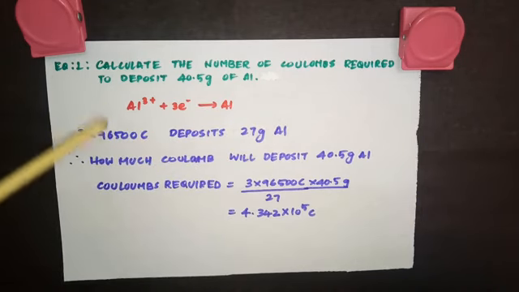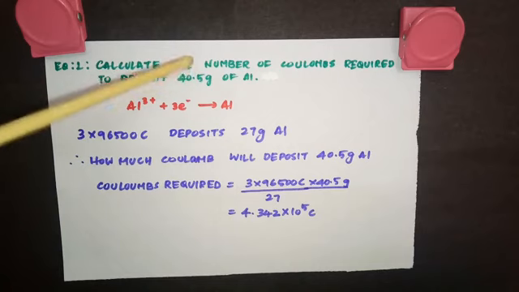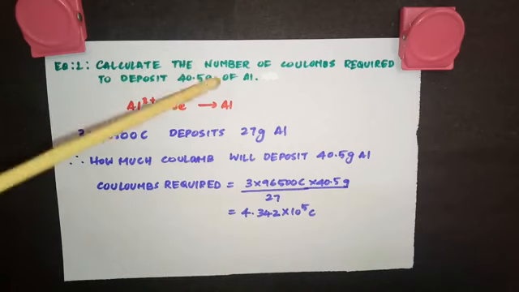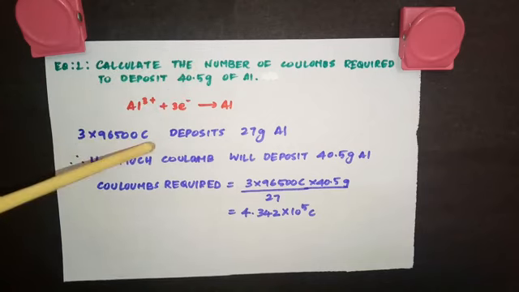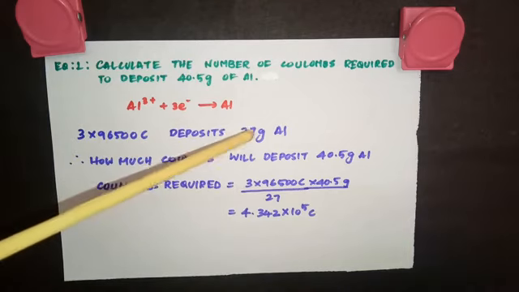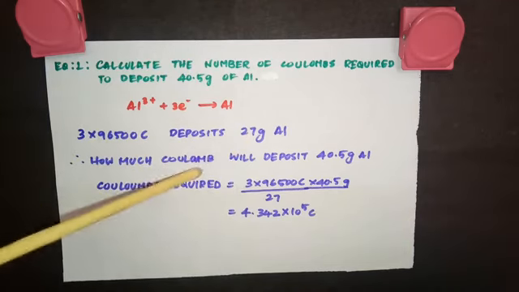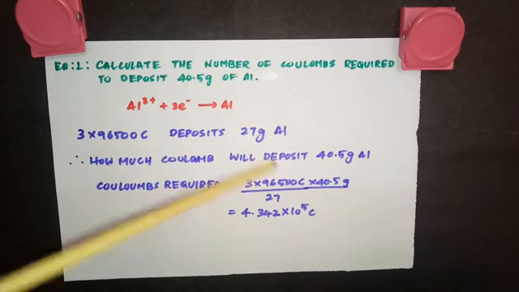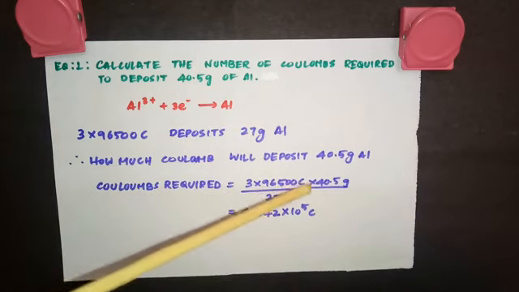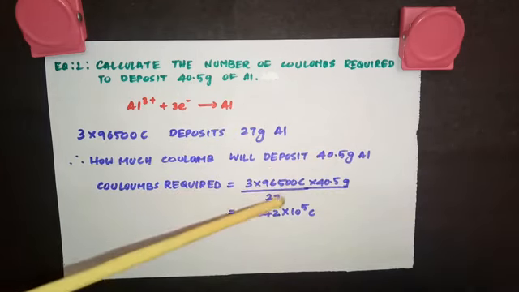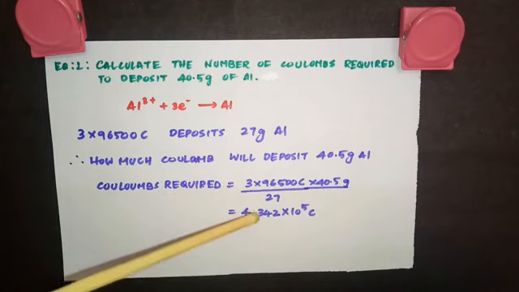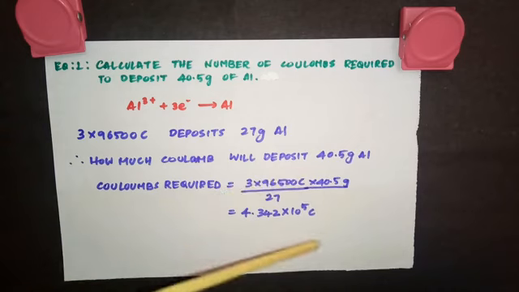So now the question is, how much coulomb is required to deposit 40.5 gram? 3 into 96,500 can deposit 27 gram. So how much coulomb will deposit 40.5 gram? So 3 into 96,500 into 40.5 divided by 27. So that is equal to 4.342 into 10 to the power 5 coulomb. So this much amount of charge is required to deposit 40.5 gram of aluminium.